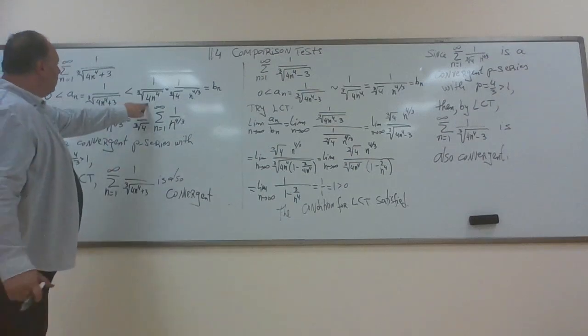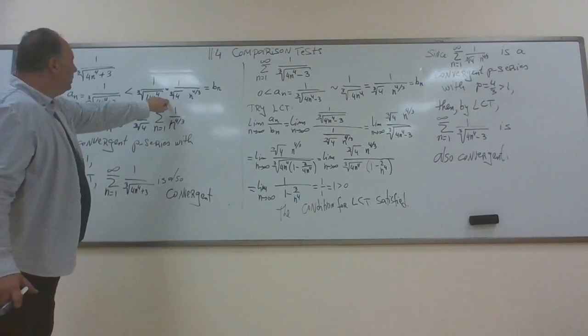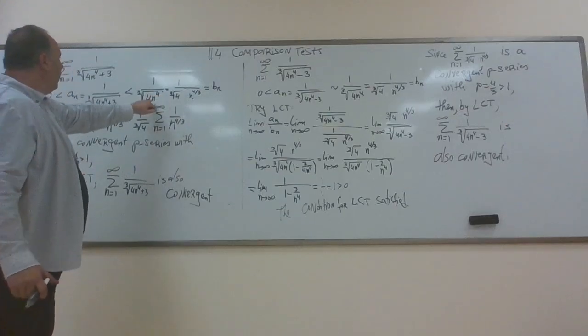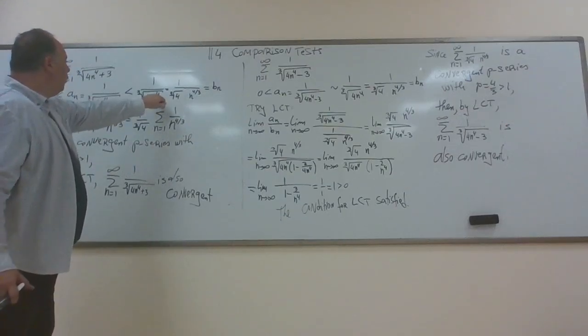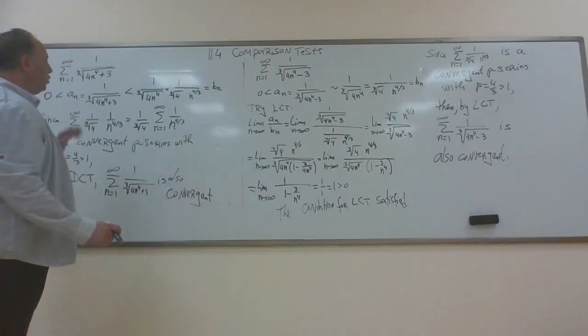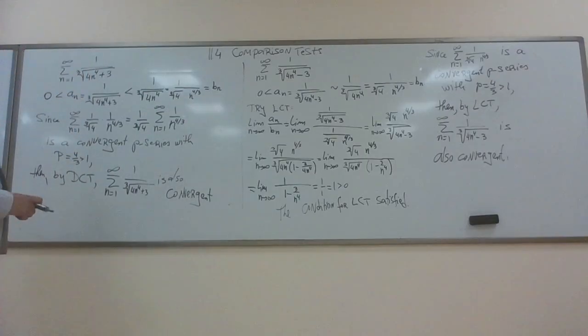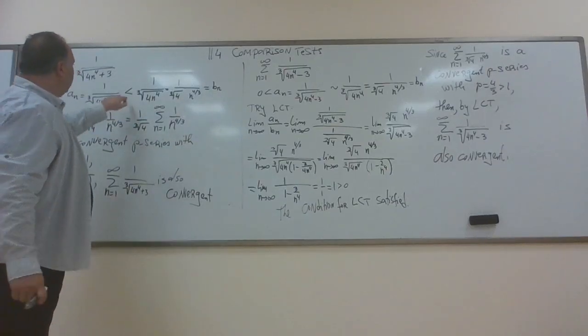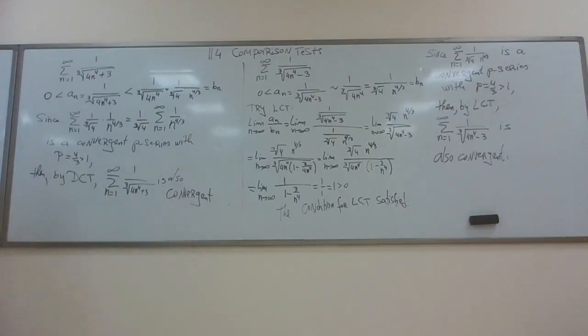We could take 4 separately, so third root of 4, and then n to power 4 over 3. This is just to see a little bit better what type of series we are going to have. So here, this is a direct comparison.